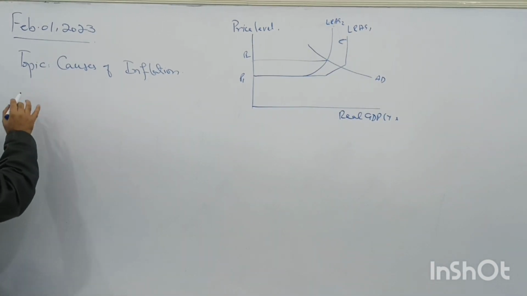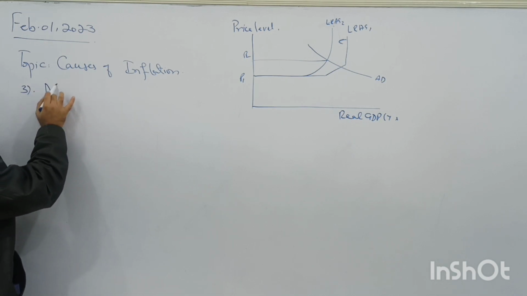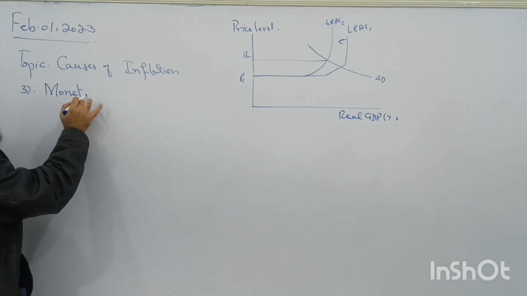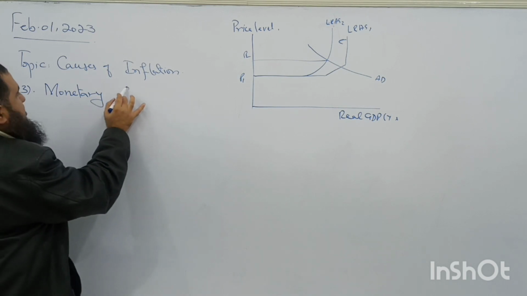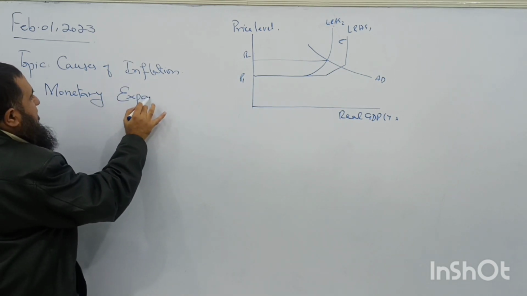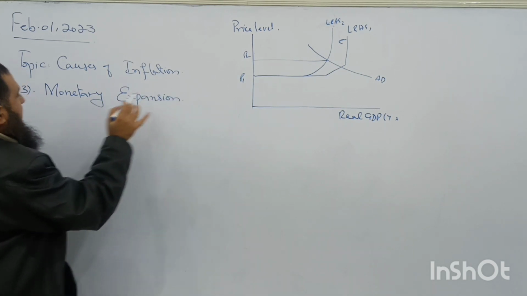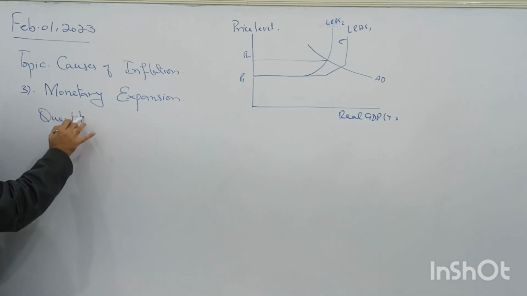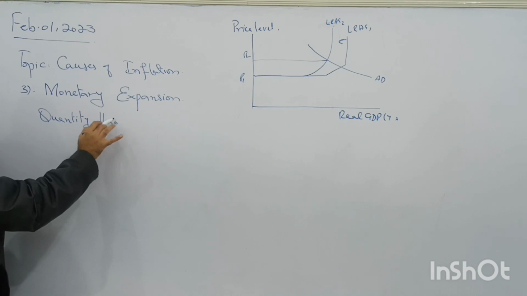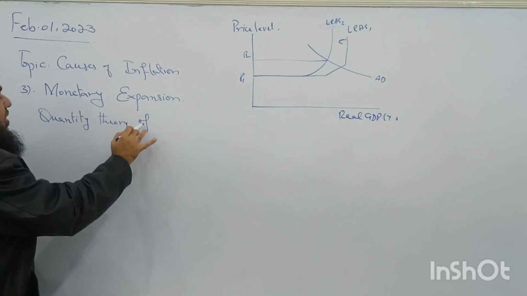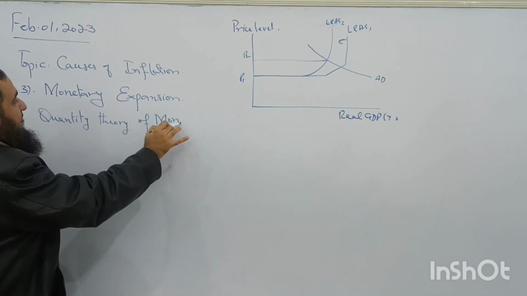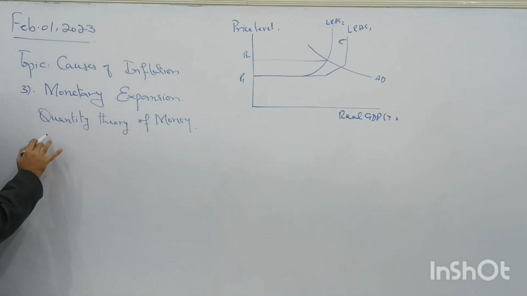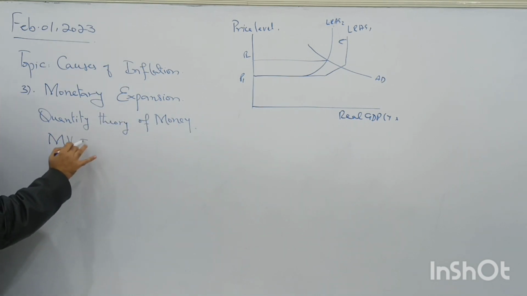The third cause of inflation is monetary expansion. Here we write the quantity theory of money. What is the quantity theory of money? MV is equal to PY or PT.